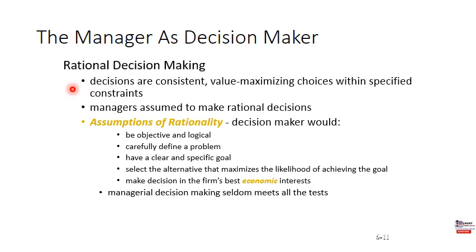That means all the decisions that are consistent and that give us maximum value or maximum benefit, we call them rational decision making. A manager is assumed to make rational decisions. That means every manager takes a decision that gives them maximum value, but within certain parameters or constraints.